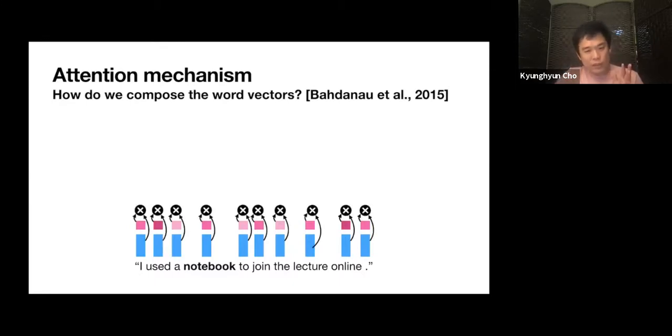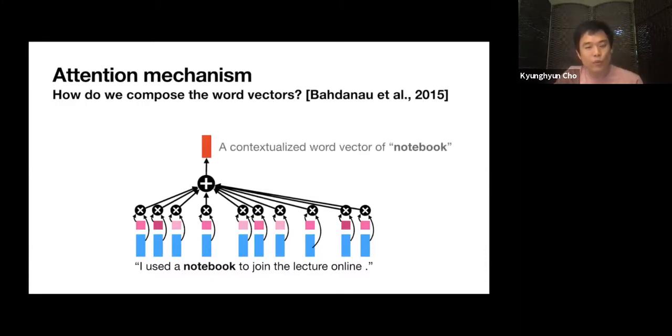And using these attention weights, we are going to compute the weighted sum of all these word vectors in the sentence in order to compute this so-called contextualized word vector of notebook.